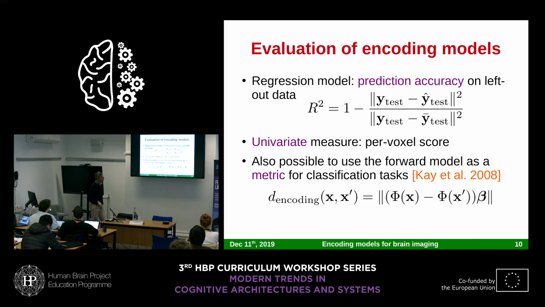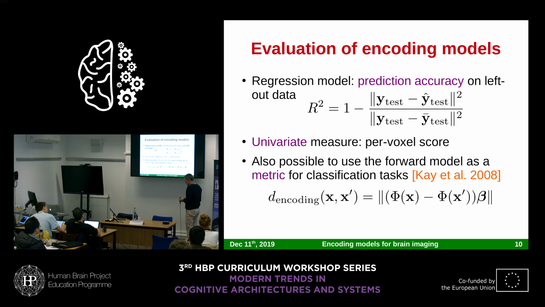This R square is measured in each voxel. So for each brain location, you will be able to say, oh, my encoding model works or doesn't work, which is very important for fMRI because we have good high resolution. So we will be able to say that this brain region is well explained by the encoding model, while this other brain region is not.